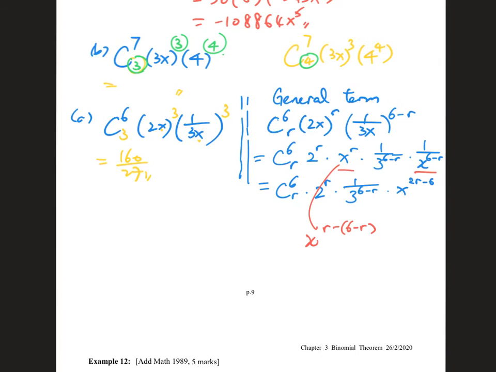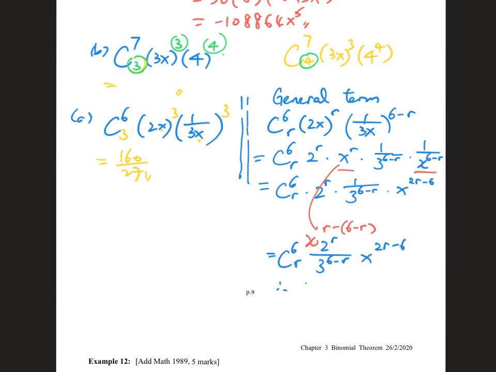So what does it mean afterward? It means that finally it's 6Cr, 2 to the power r, or maybe I put it in fraction, 2 to the power r over 3 to the power 6 minus r, x to the power 2r minus 6.